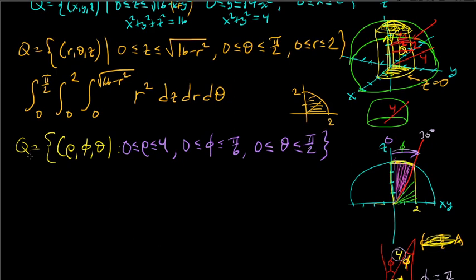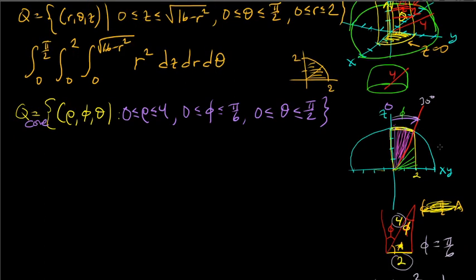So I'll call this the cone part. But now we also need the green part underneath the cone. And so how do we find that? So I'll just call this under the cone. So what is rho doing?